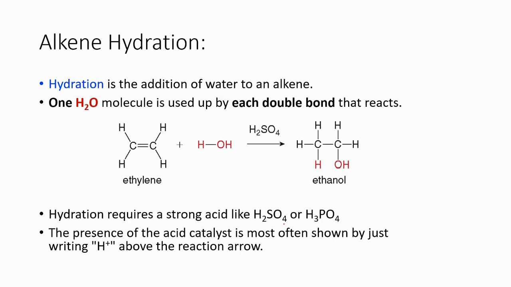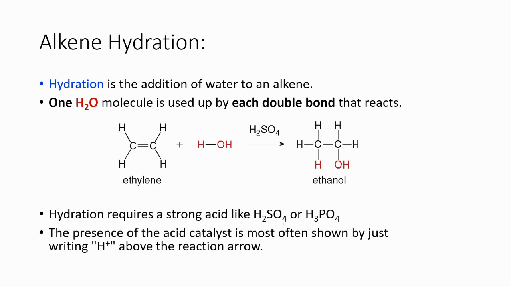Okay, the last reaction that we're going to talk about is alkene hydration. Be careful, they do look really similar. Hydrogen is in the name of the last type of reaction, hydrogenation. Hydration is when we're adding water across the double bond.